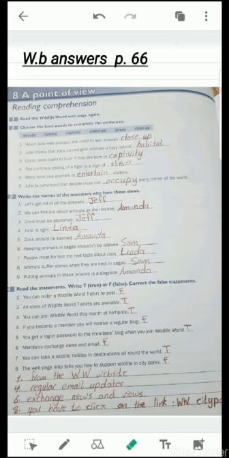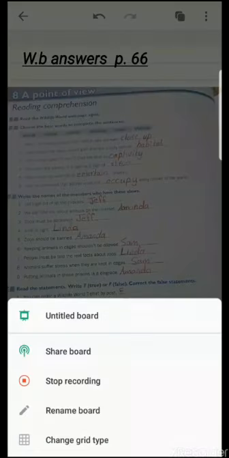Please check your answers. All these are the answers to the workbook exercises. Check them well in order to study them for the exam. Don't forget that your exam will be in Unit 7 and 8 only. Study them well and inshallah you will pass the exam very well.